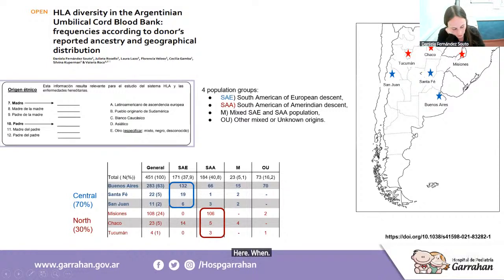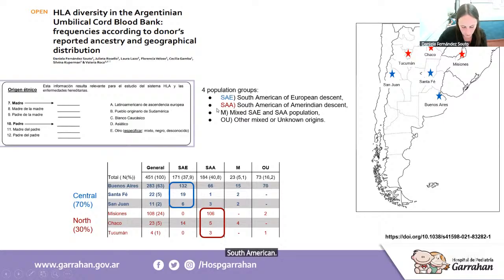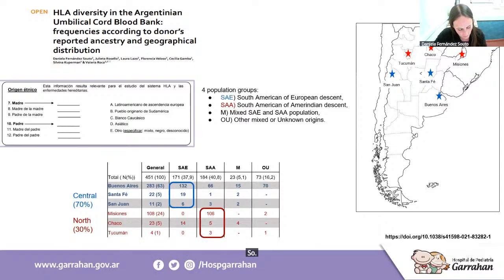When recruiting donors, we asked about their ancestry. Following HLA-net recommendation, we grouped them into 4 categories. South American of European descent: people born in South America of European ancestry or Europeans living in Argentina. South American of Amerindian descent: people with Native American ancestry or mixed ancestry between Amerindian and European populations.